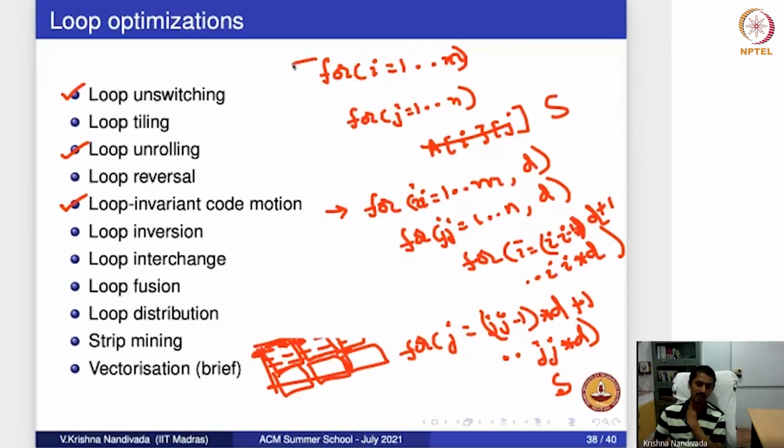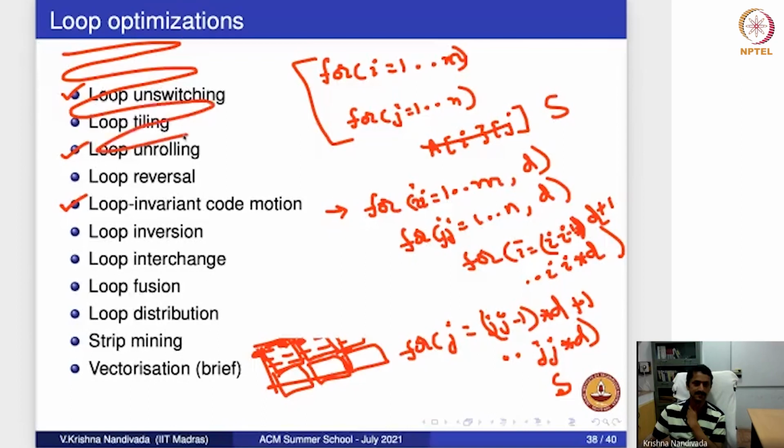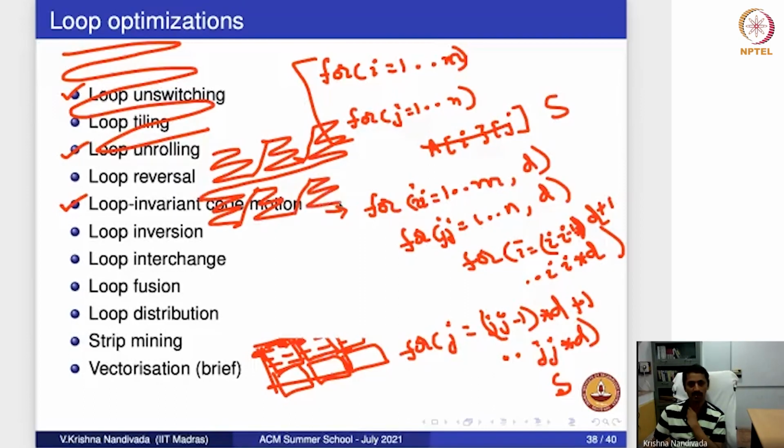So what did I do? I took a loop which is going over the complete array. Now I change it to this: I go over one block, then go up, then one more block, then again go up, one more block, then come to the next row. Again block, go, again block, go, again block, go. This is called loop tiling or loop blocking. If these elements are accessed again and again, and I choose the tile size carefully, then for the full time when I need these elements, they are always there in the cache.